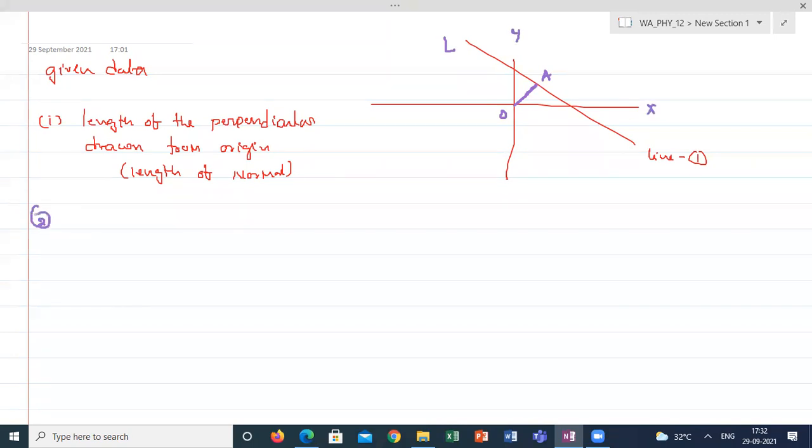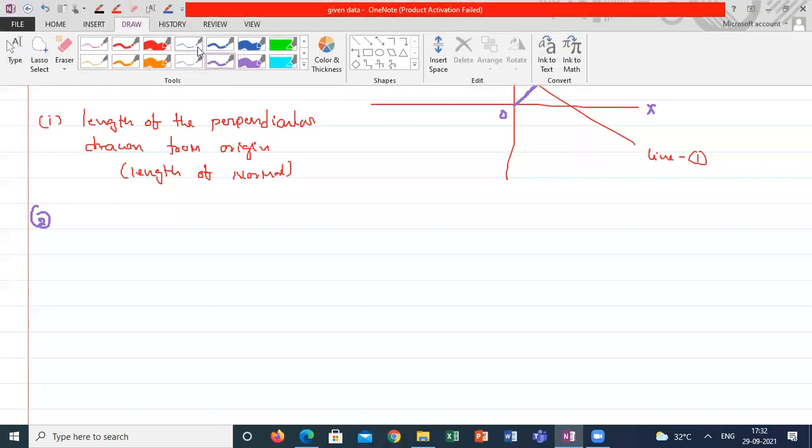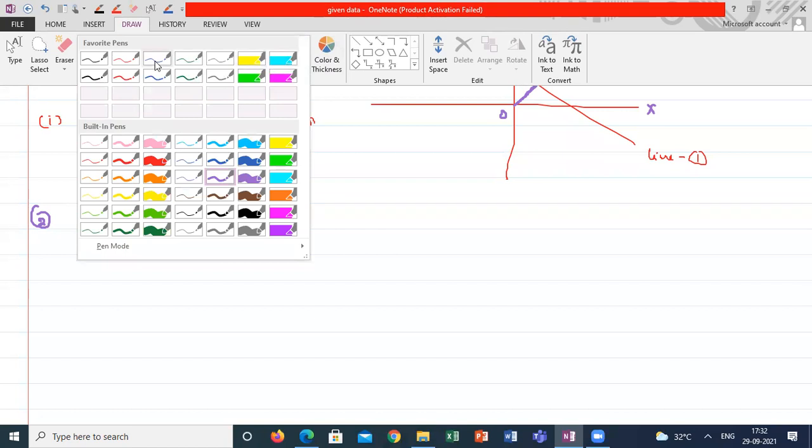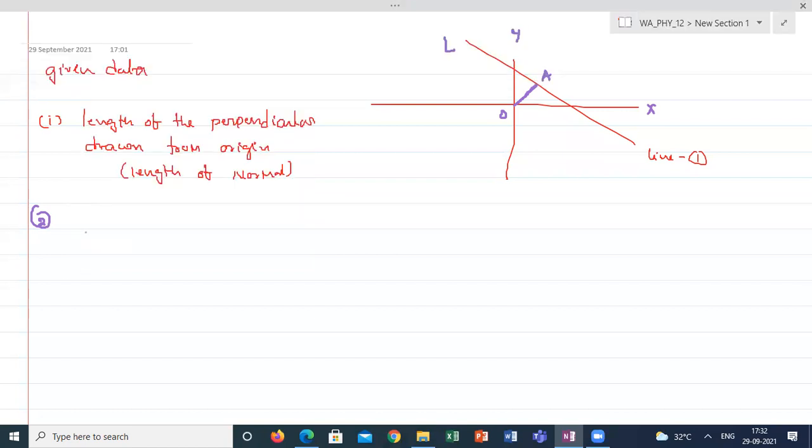And what is the second data given? The second data is the angle which the normal makes with the positive direction of the x-axis.